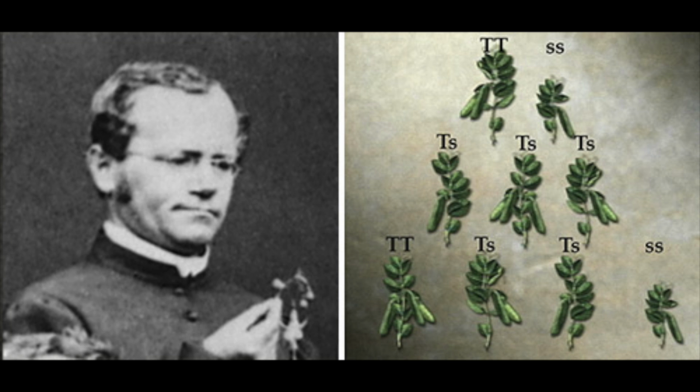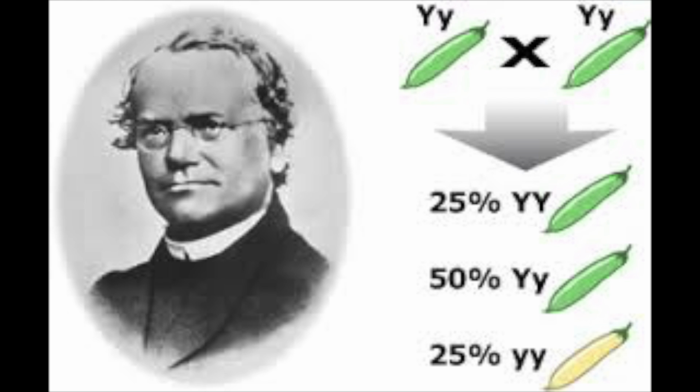With seed color, he showed that when a yellow pea and a green pea were bred together, their offspring plant was always yellow. So, to explain it easily, he invented the recessive and the dominant heterozygous plant.